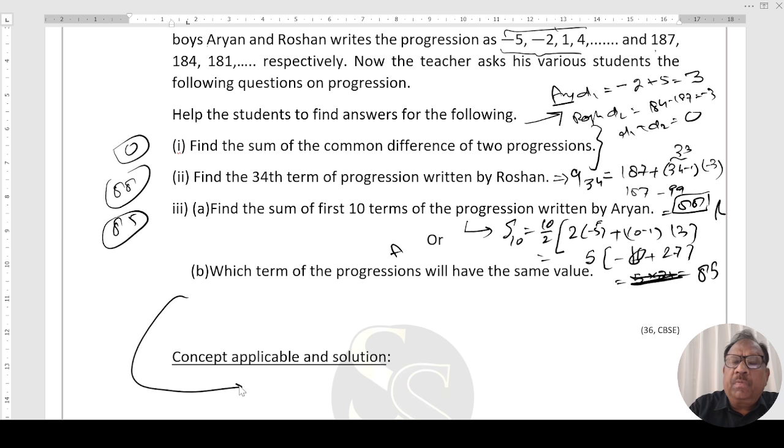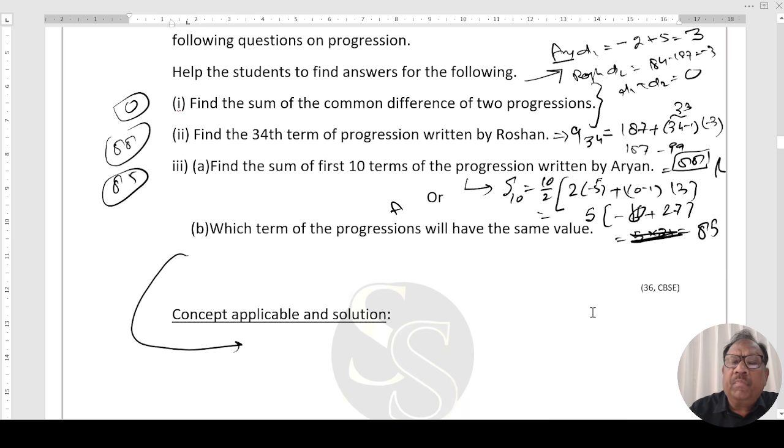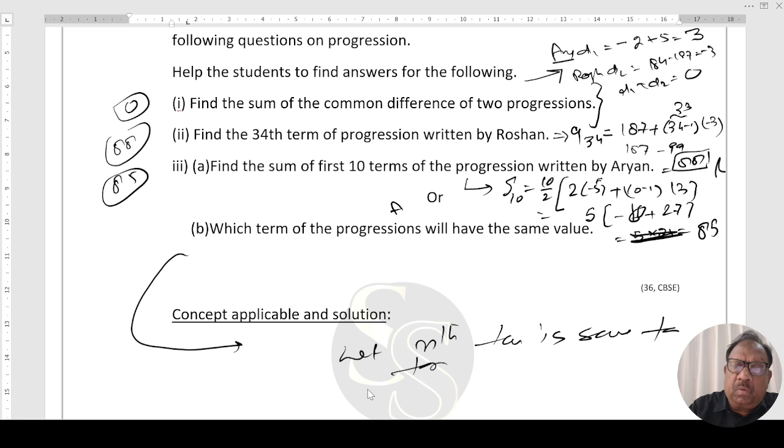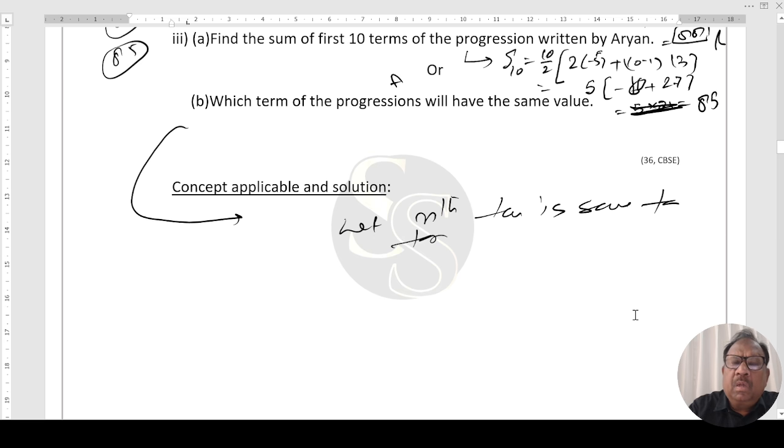By which term is the value the same? Let the nth term be the same for both. So nth term by Aryan and nth term by Roshan, तो क्या होगा?